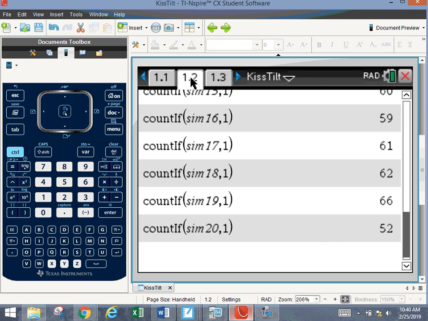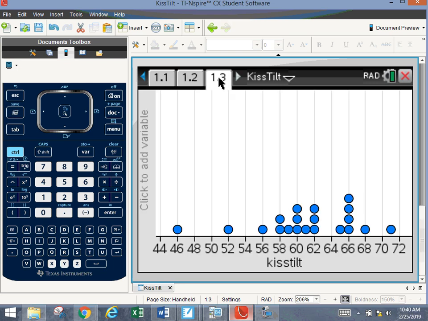Then what I had to do is count up the number of kisses that were right tilts. So I said, if we come up with a 1, count it. Each one of these digits on the right-hand side is the number of tilts that were to the right. After I did that, I graphed those results.